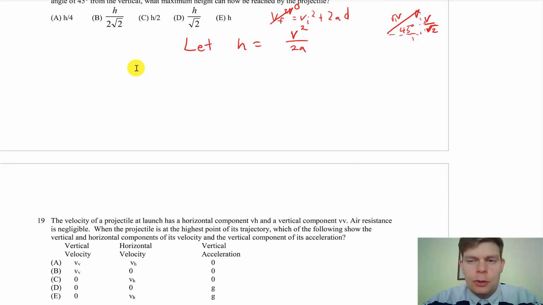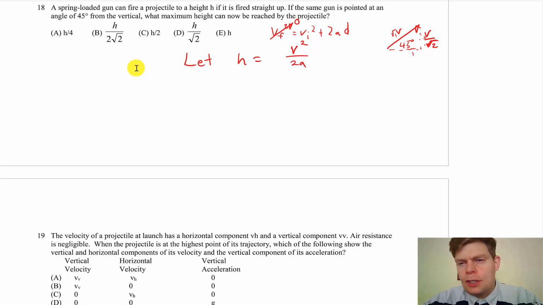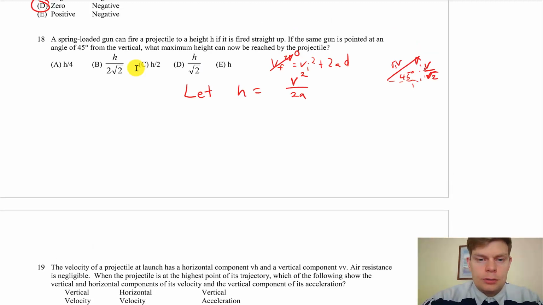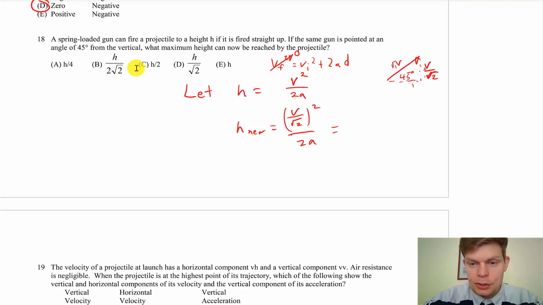Anyway, so basically, if you put in your calculator sine 45, you get 0.707, which is the same as 1 over root 2. So our new height is equal to v over root 2, all squared, all over 2a, which if we square the root 2, we get an extra 1/2.